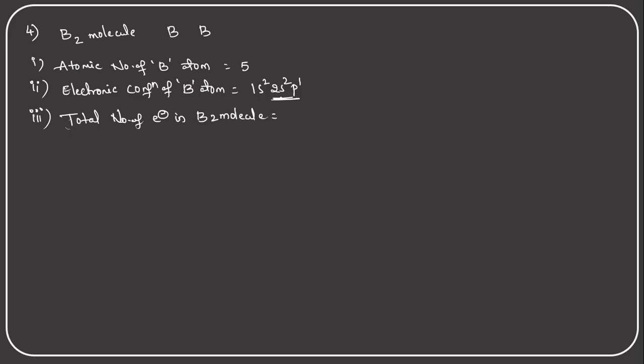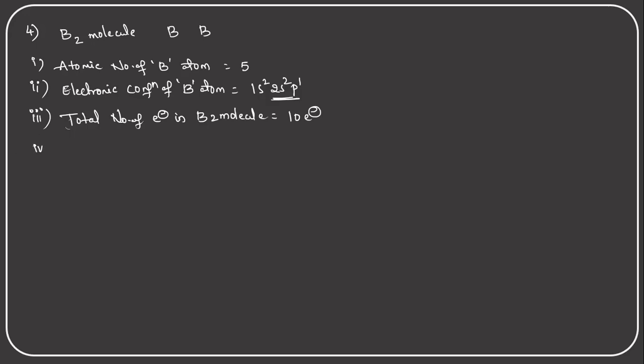I am taking into consideration only valence electrons, or otherwise we can take the total number of electrons, that is 2 plus 2, 4 plus 1. So total 5 electrons are there in one boron atom, and in the other boron atom also 5. So the total number of electrons we can take as 10 electrons here. Okay, I am taking 10 electrons.